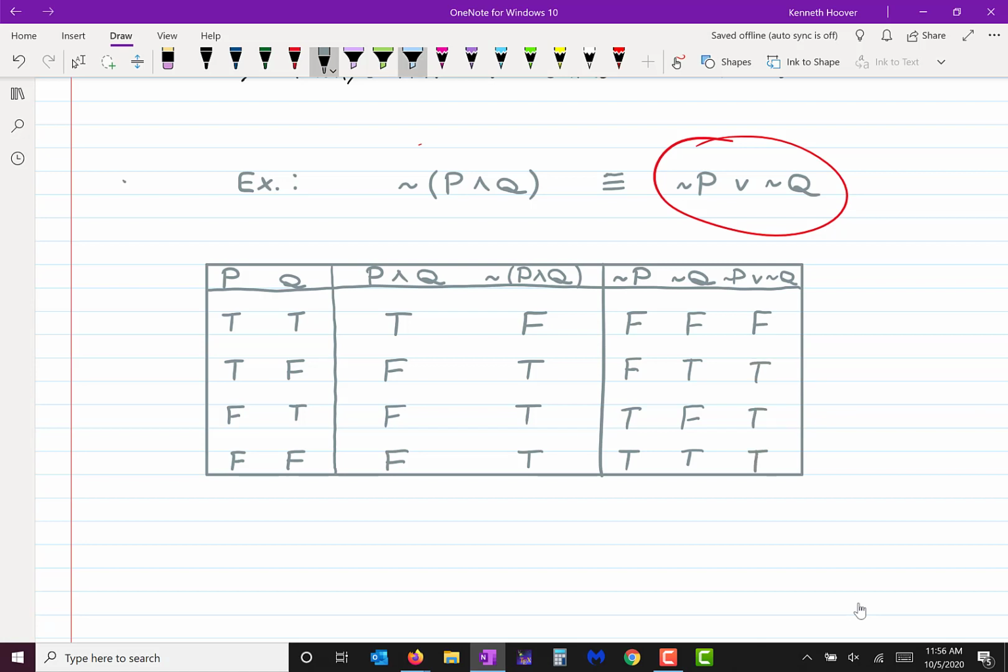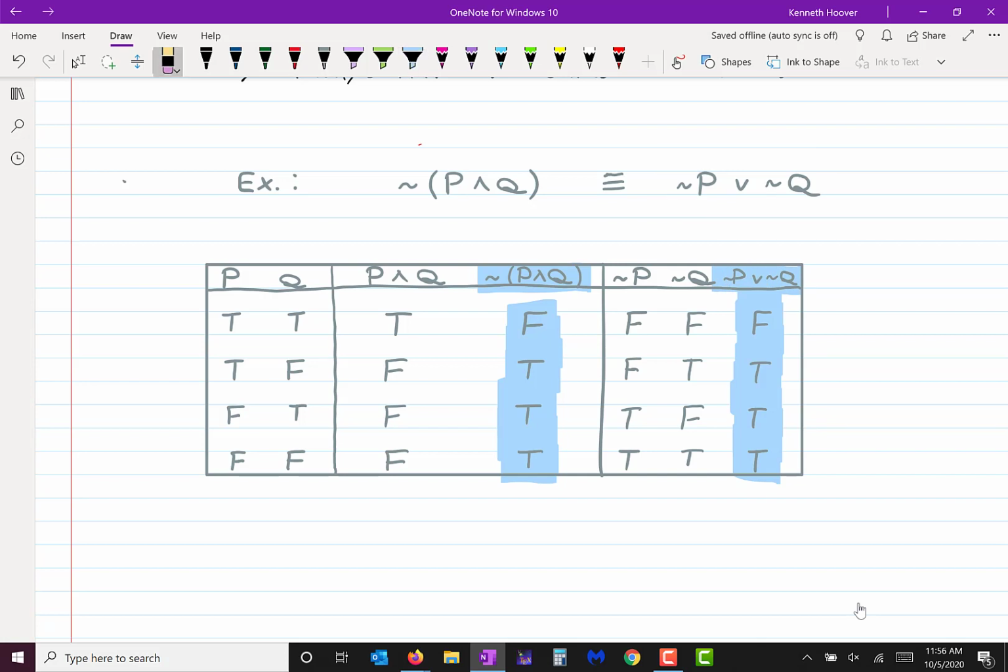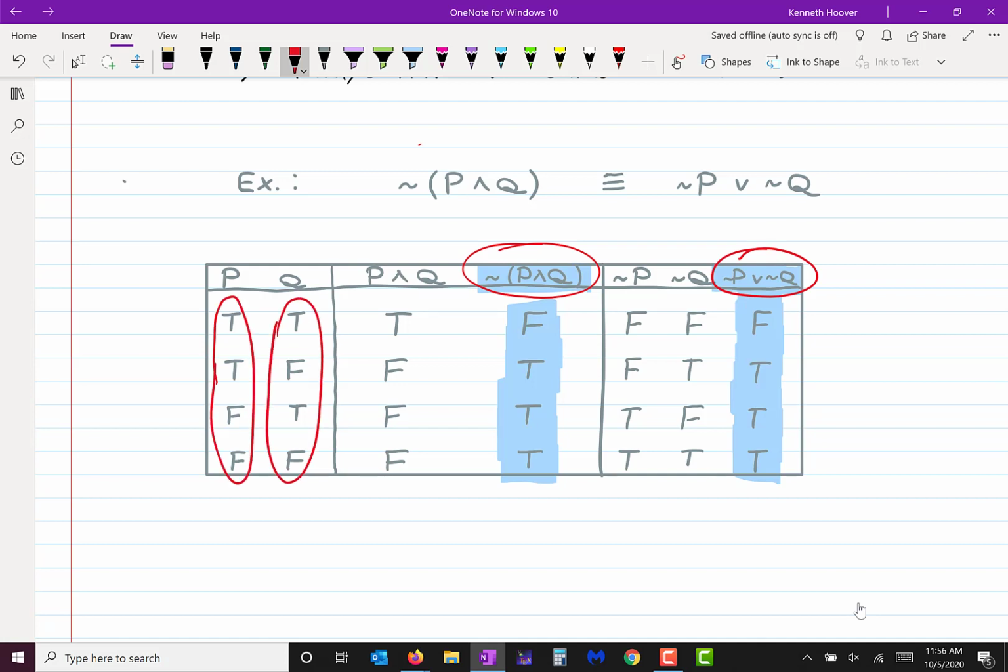Okay, now you look at this column for that and this column for that, and you see that they match, which means that those two statements always have the same truth value dependent upon the truth values of the components.